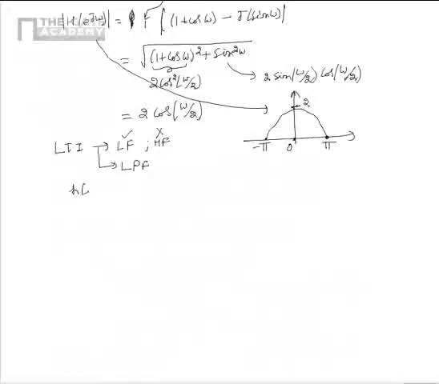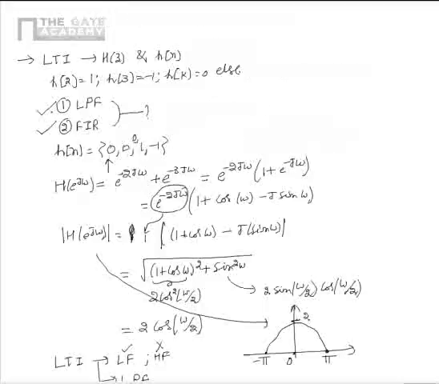Also from the given impulse response we see that the length of the impulse response is finite. From this we can say that it is a FIR filter. Sorry, please note that the impulse response is h of 2 is 1 and h of 3 is also 1.